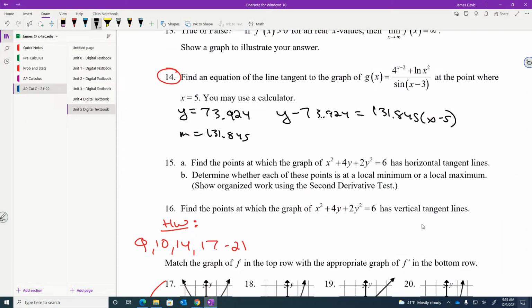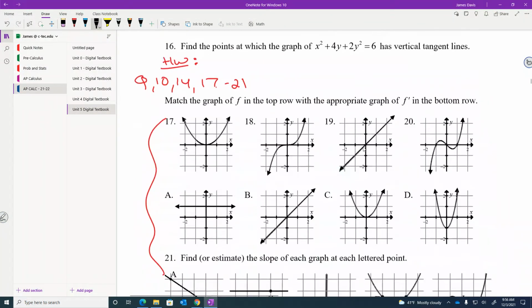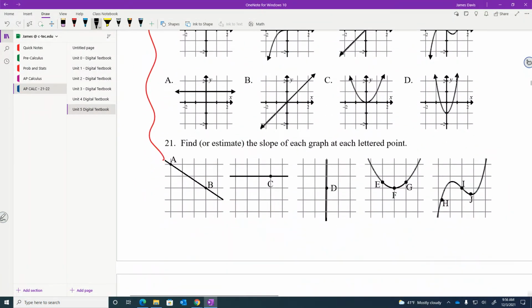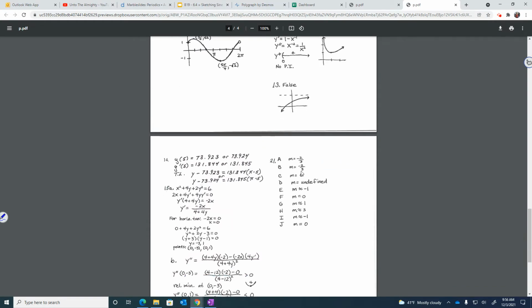And then 17 to 21. So, BC AD. And then I guess 21. No, about 21 today.